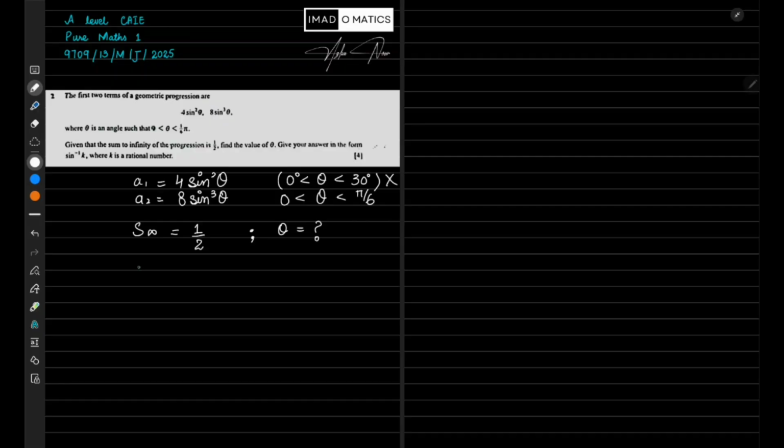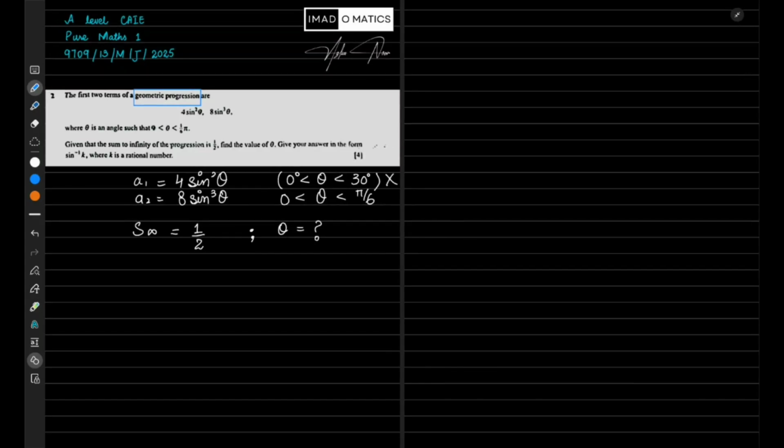So starting off with, this is a geometric progression. Okay, so the most important thing is that this is a geometric progression. So solve for it. If it is a geometric progression, we have to find the common ratio. So r comes out to be the ratio of any two consecutive terms.